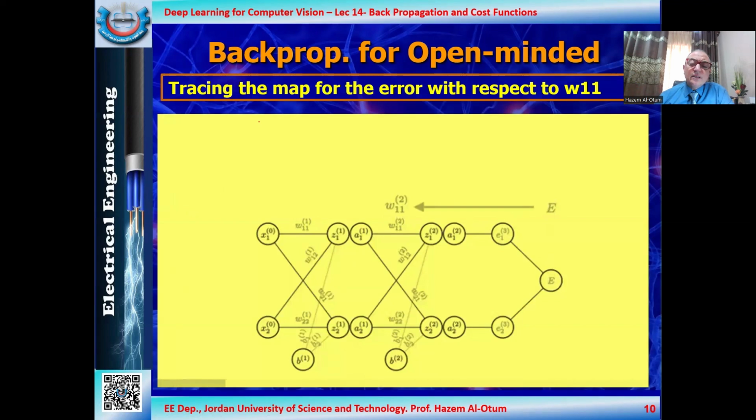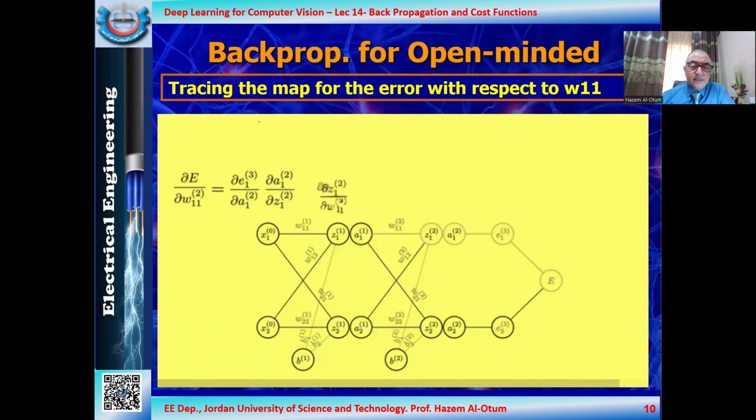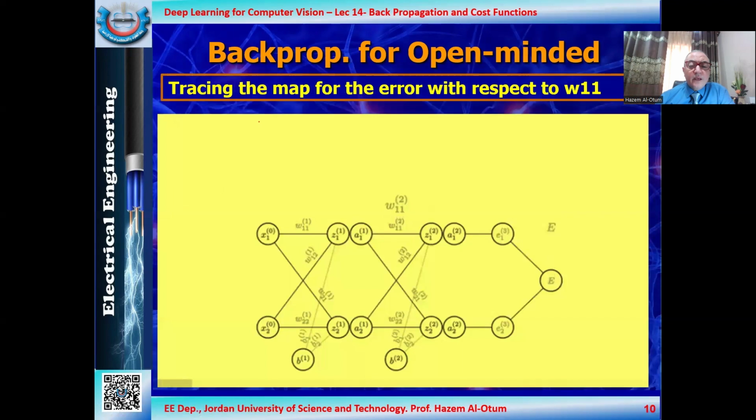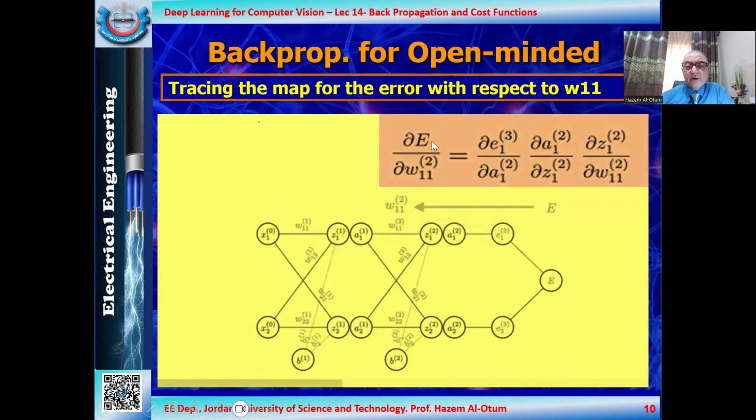If you look at the animation here, the error will be traced back to map the change, in this case just for W11. This is the error with respect to W11. It will be equal to the error with respect to A1 at the second layer, times A1 with respect to Z1 at the second layer, and this will give us the error in terms of W11.